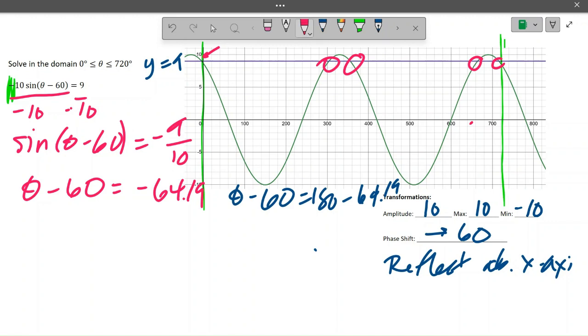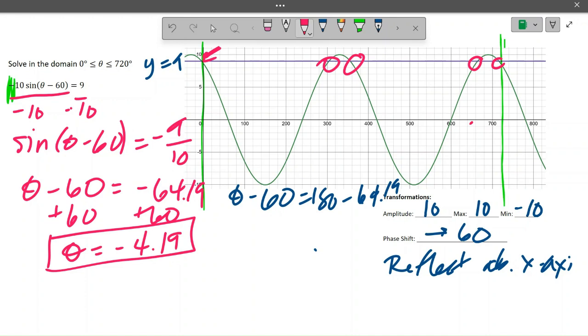We're going to go ahead and solve the pink side right now. I'm going to add 60 to both sides because my goal is to get theta by itself. So that gives me negative 4.19. That was this first value that I said is too small. It's not a solution. It's true, it's just not in our domain. So I'm just going to say not in domain.